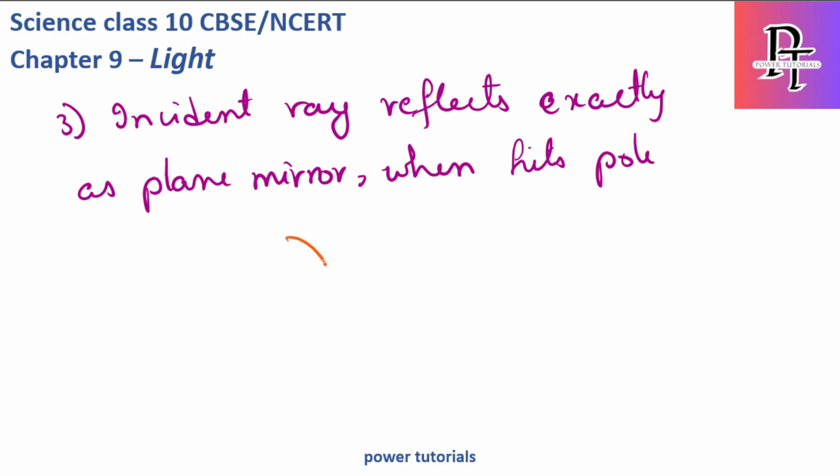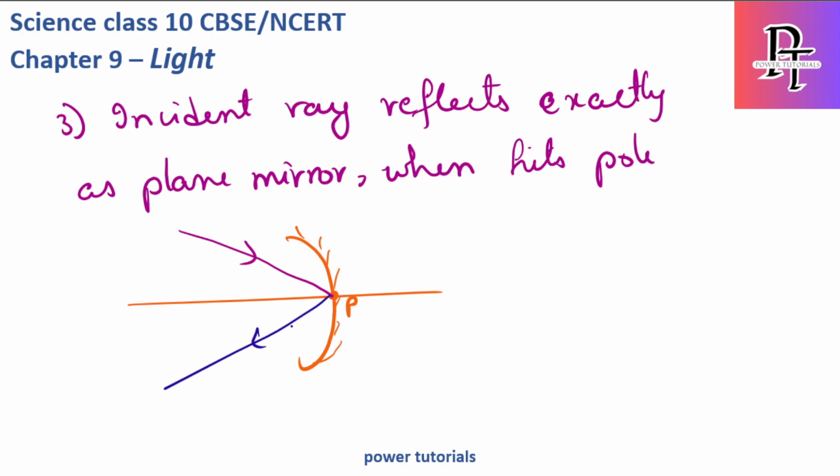So if I have a concave mirror, where is the pole? This is the pole, center point. So if the incident rays fall on the pole, then it will get reflected exactly as a plane mirror. Why am I saying plane mirror? Because the angle of incidence and angle of reflection will be the same.